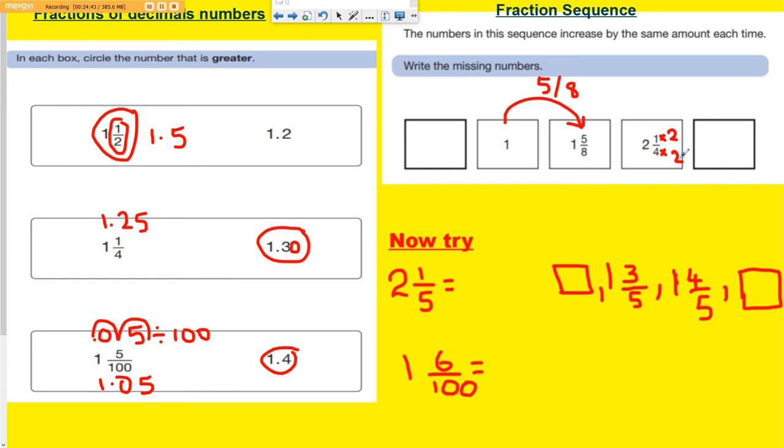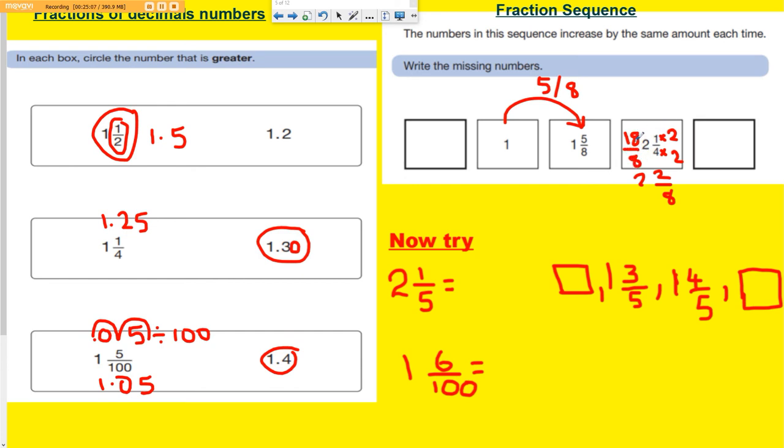Okay guys, so can you see 2 times 4, 2 times that, which becomes 2 upon 8, which then becomes 8 twos are 16, and so we get 18 upon 8.